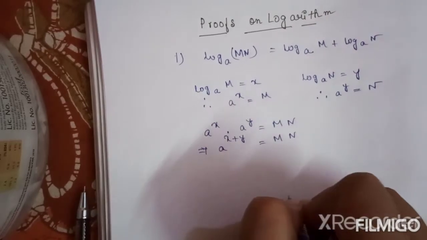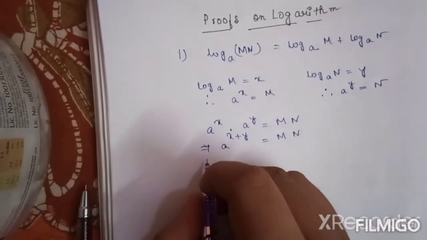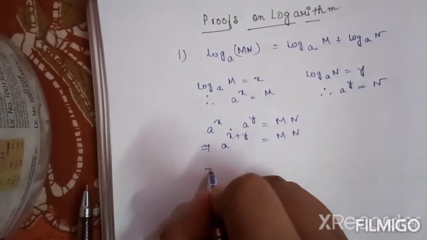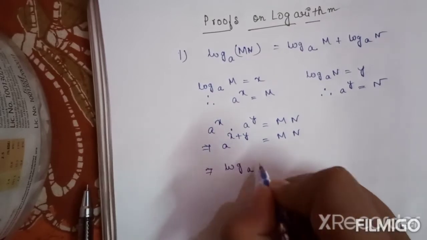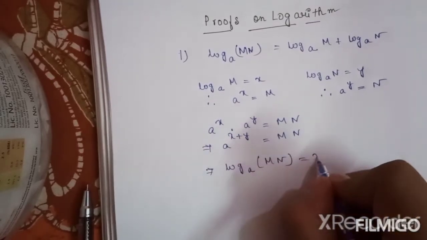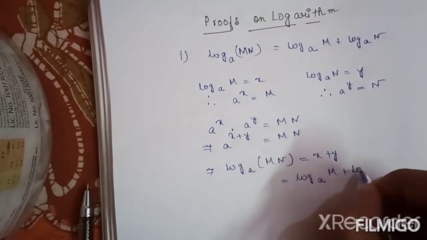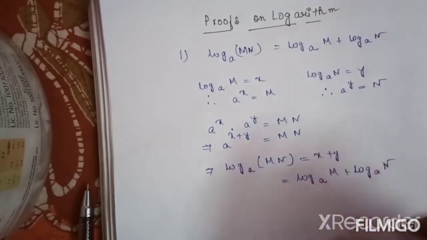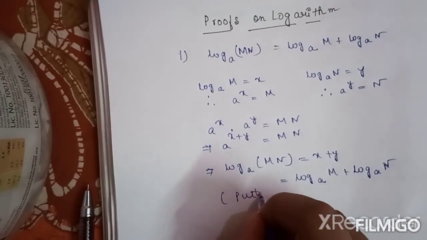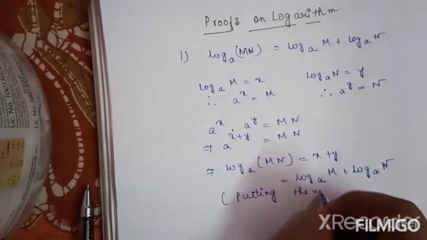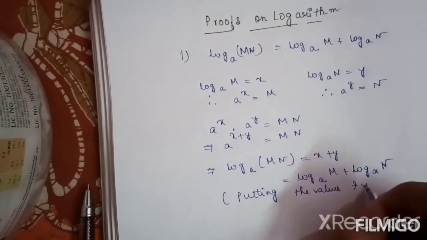As that is the same base, the powers will be added. We'll just put the values of x and y here. So log a base mn equals x plus y, which is equal to log a base m plus log a base n.